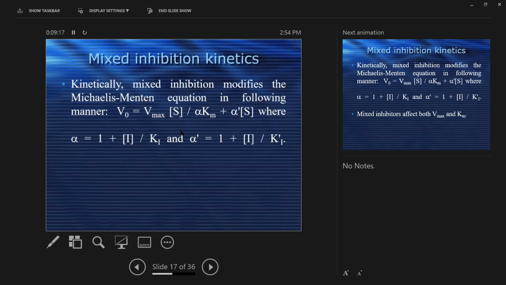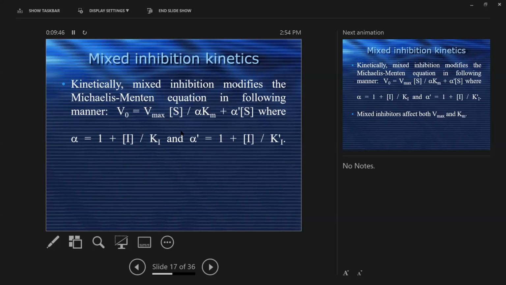Now the kinetics get messy. So you have an alpha and an alpha prime. Typically alpha and alpha prime are different because the inhibitor has two very different affinities for the active site and the other inhibitory site.